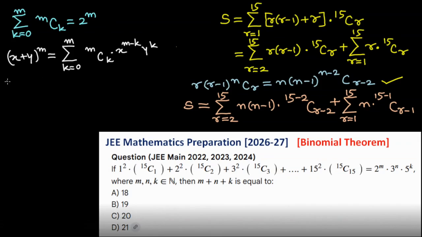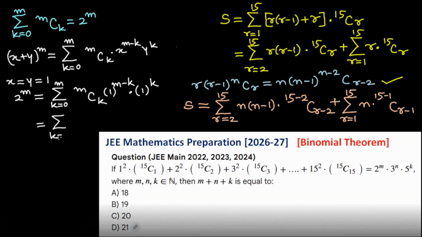Now by putting x equals y equals 1, we get 2 power m equals summation from k equals 0 to m of mCk 1 power (m minus k) 1 power k, so summation from k equals 0 to m of mCk equals 2 power m, hence verified.